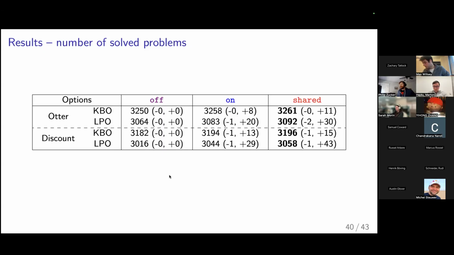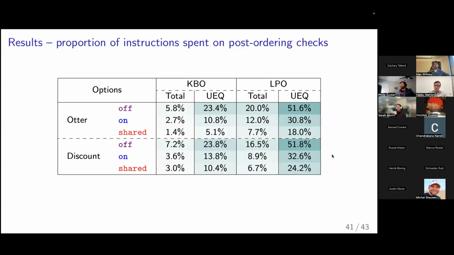And here are the results, roughly. Well, what we concluded is that it's almost always better to use term ordering diagrams. So they are on by default, and the best configuration was this shared, where we gained lots of solved problems. And we also measured the proportion of instructions spent in the post-ordering checks, and this is what we got.